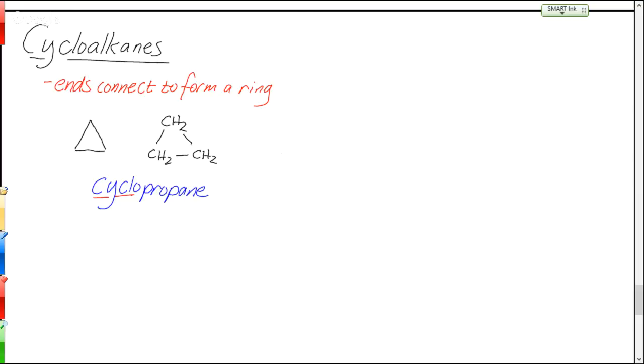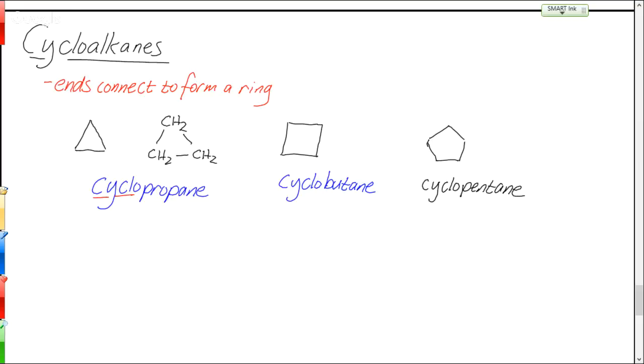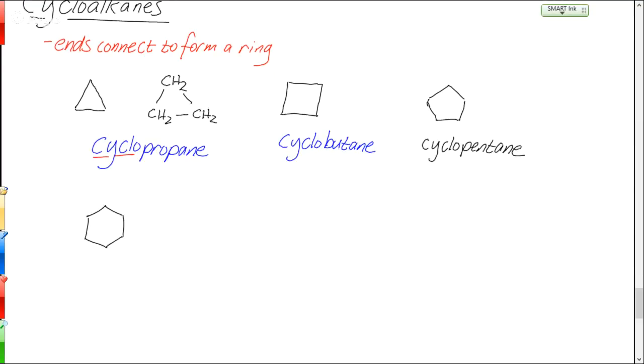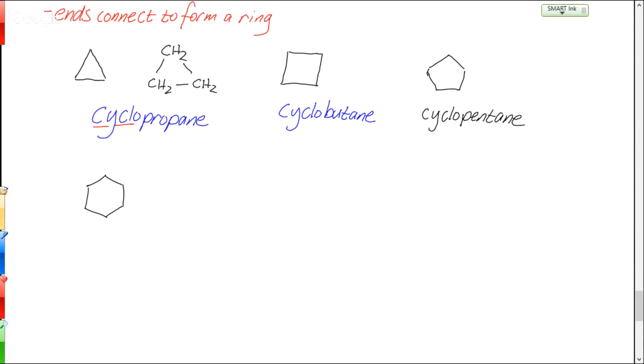Well, can't draw a square today. Okay, try that again. So this would be cyclobutane, cyclopentane, and so forth. The most common ring in chemistry, in chemical compounds in nature, is the 6-membered ring, which is cyclohexane.